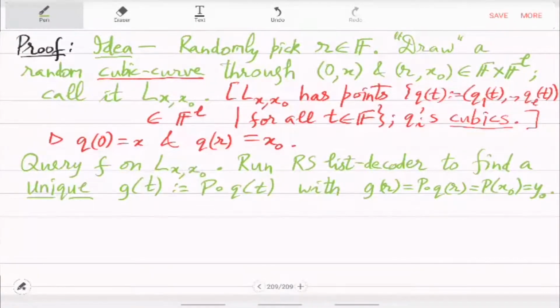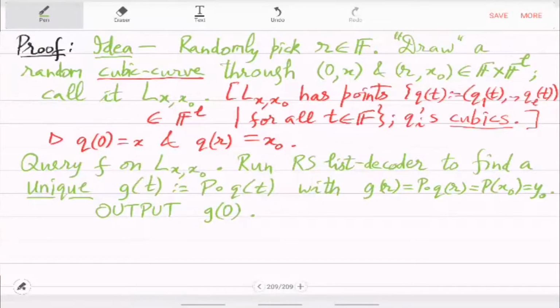So, since x0 y0 is given to you and it uniquely specifies P in the list of correct P, actually P is unique and G is unique, and the Reed-Solomon list decoder will give you this G. Once you have the correct G parameterized by T, T is a variable here, you can now evaluate for T equal to 0, that will give you the point x on this curve. That is the answer. So, you can output this.